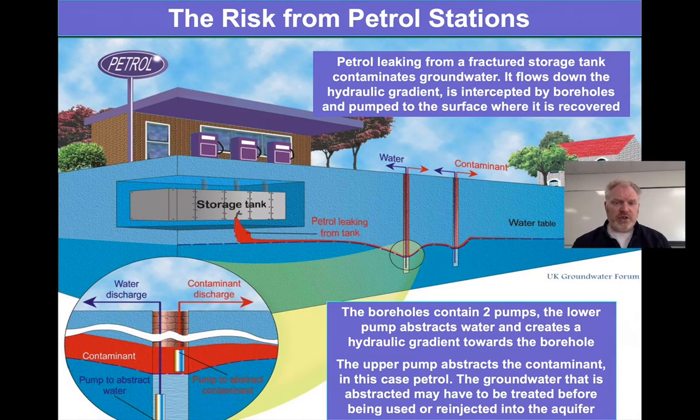This diagram illustrates some of the potential issues from a leak at a petrol station. And remember as well, this could be an old petrol station that's not used anymore. It might still have some petroleum products down in the bottom of a storage tank, and they may not be removed when the petrol station falls into disuse.